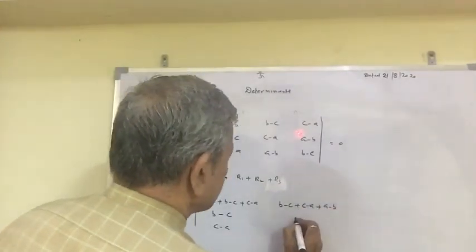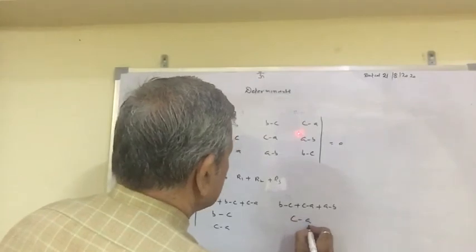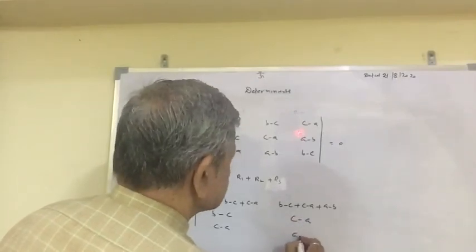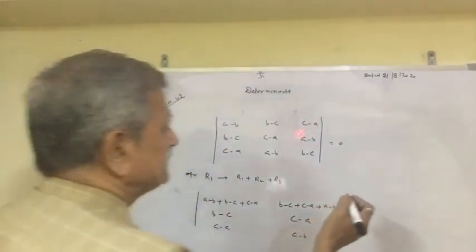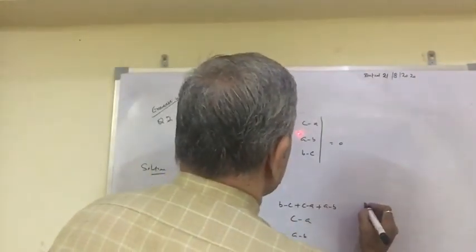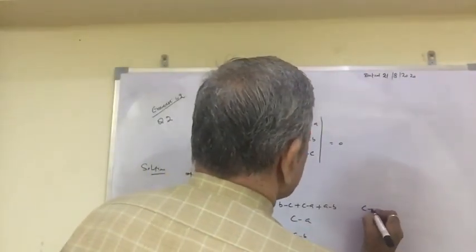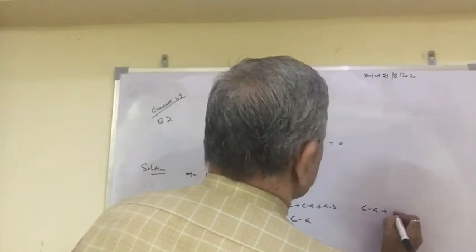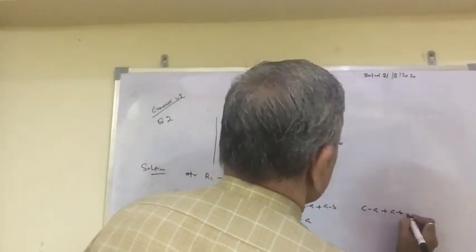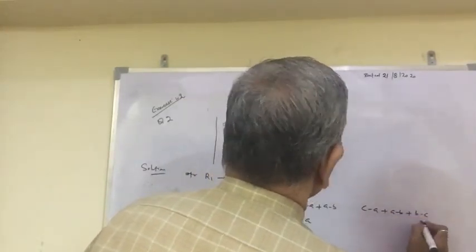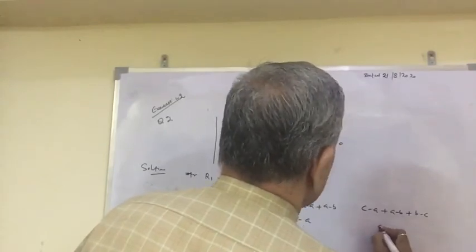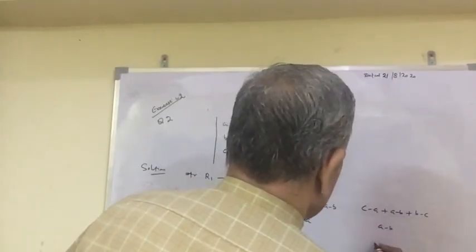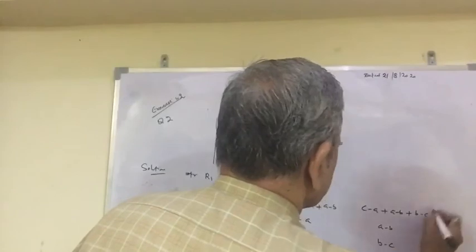The rest will be of a similar kind. And in the third part, c minus a plus a minus b plus b minus c, and here is a minus b and b minus c.